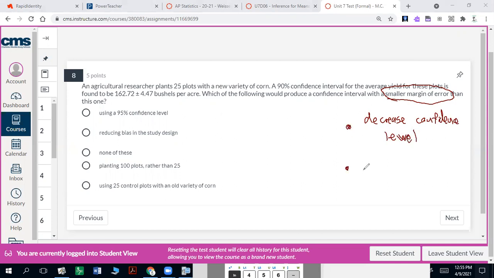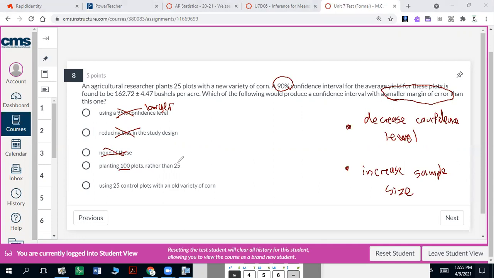You can also increase the sample size. So those two things will make the margin of error smaller. Well, we started with a 90% confidence level. Going up to 95 is going to make that larger, so that's no good. Reducing the bias, unfortunately, doesn't really have anything to do with the margin of error. None of these is not an option.